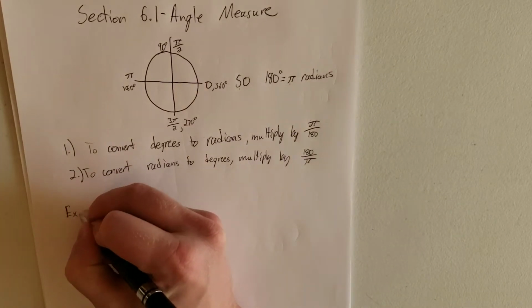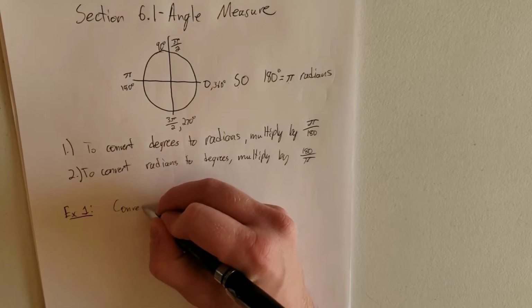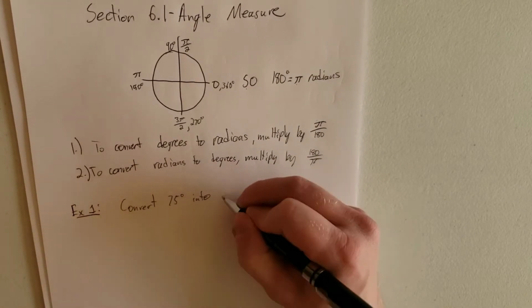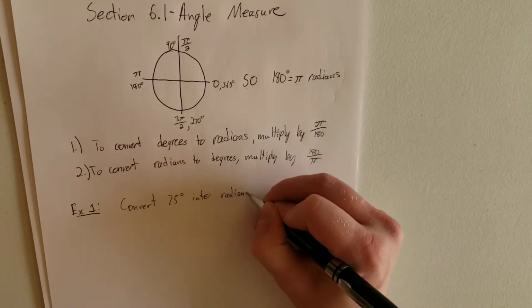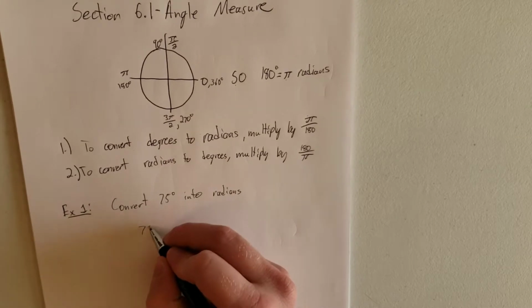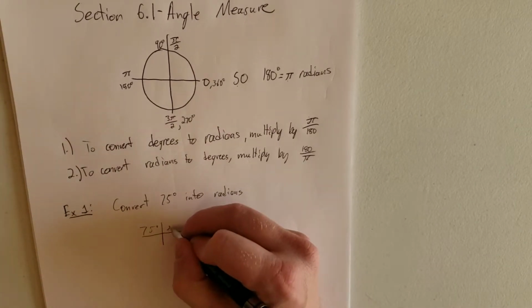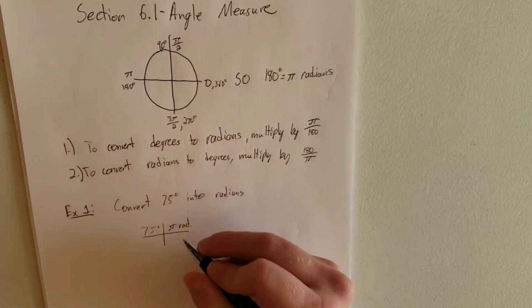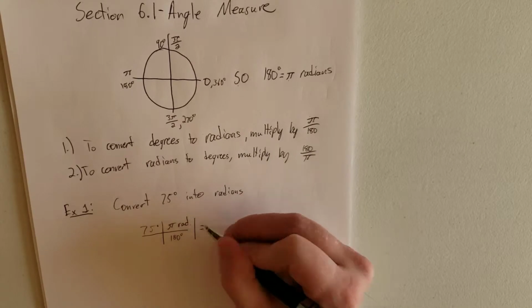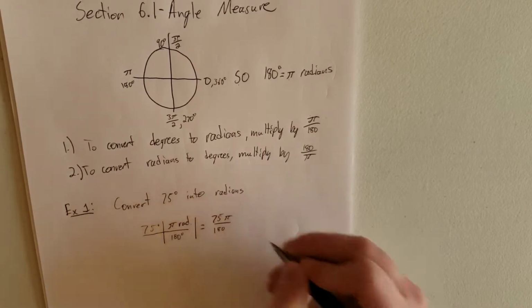So that'll lead us to our first example here, and that is to convert 75 degrees into radians. If we are converting degrees into radians, we start with 75 degrees here, and we multiply by pi radians over 180 degrees, and we get 75 pi over 180.